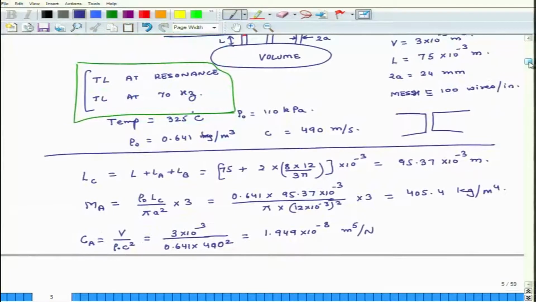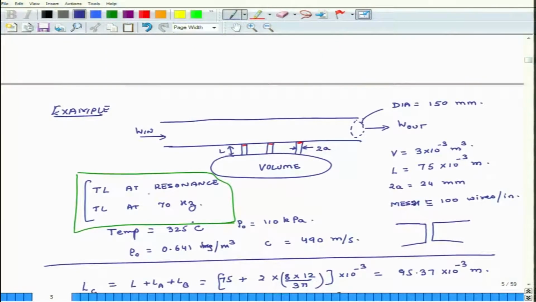So, we have calculated acoustic mass, acoustic compliance, and the effective length. Now, we have to find the transmission loss at resonance and transmission loss at 70 Hertz.